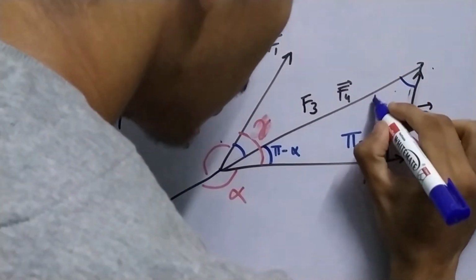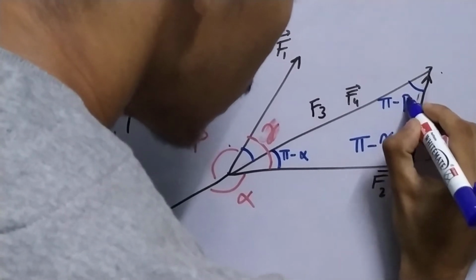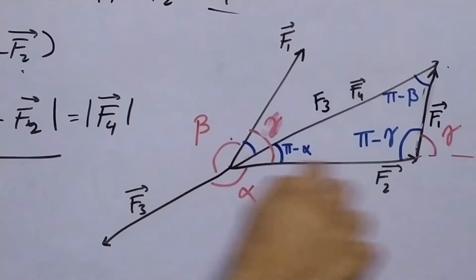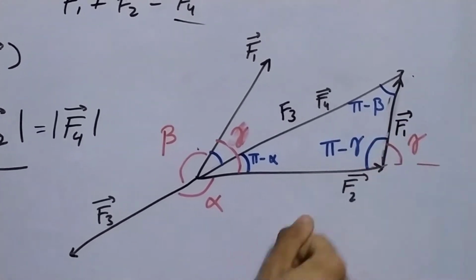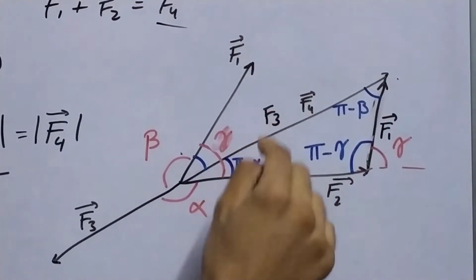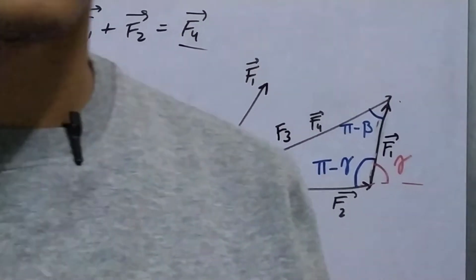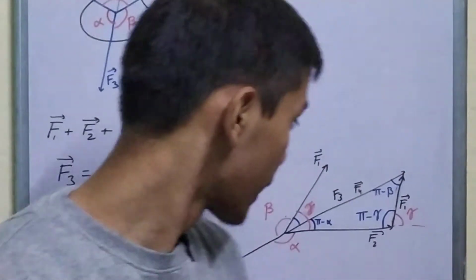This is pi minus beta. And now you see we have a triangle, we have the side lengths F1, F2 and F3, we have the angles pi minus alpha, pi minus beta and pi minus gamma, and now we can use the sine law.